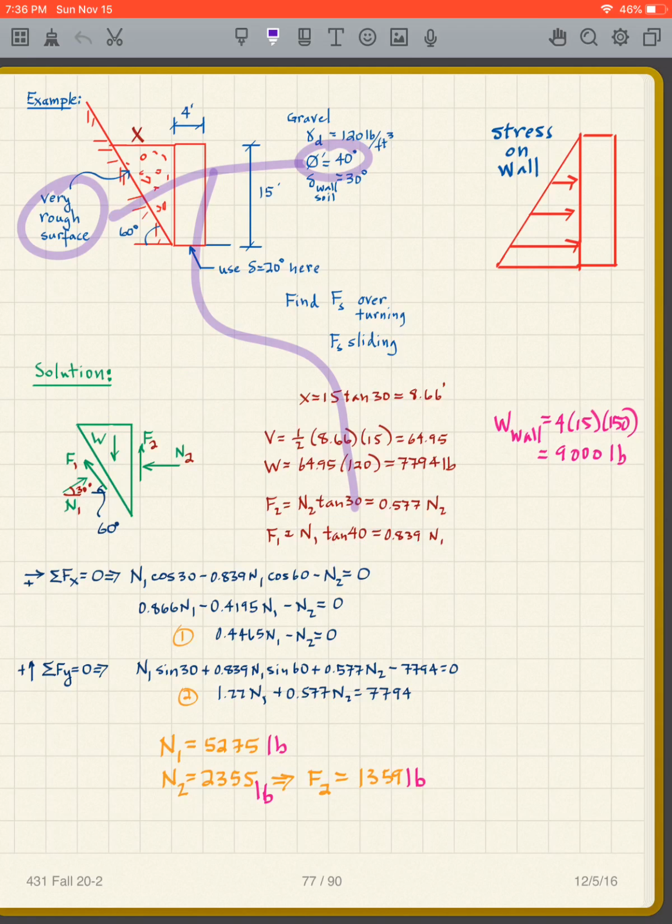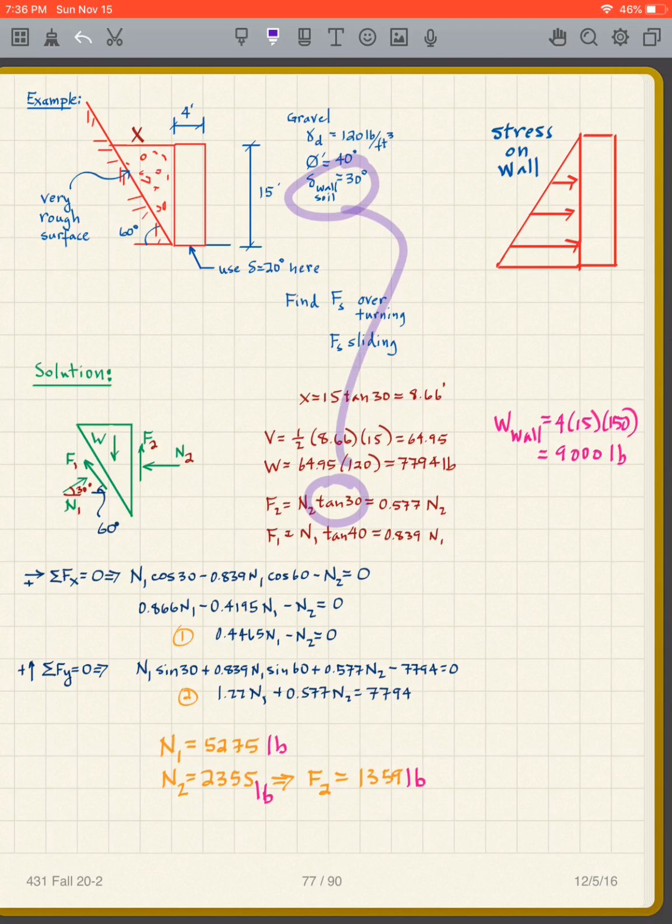So N1 tangent of 40 for that one. Over here, I said the wall soil is 30 degrees, so it's going to be N2 tangent 30. So I get 0.577 N2, 0.839 N1 are my F2 and F1s.